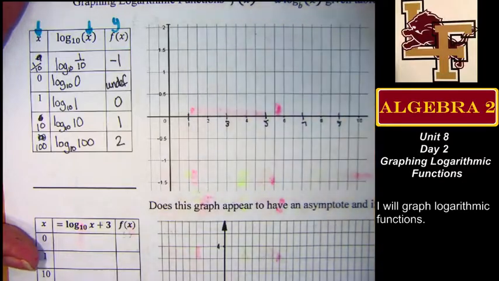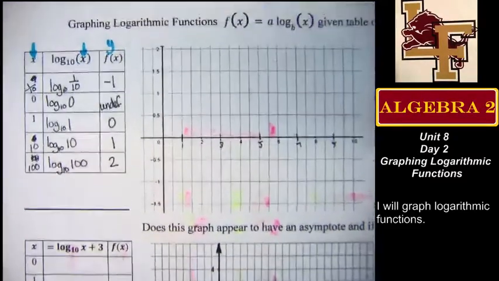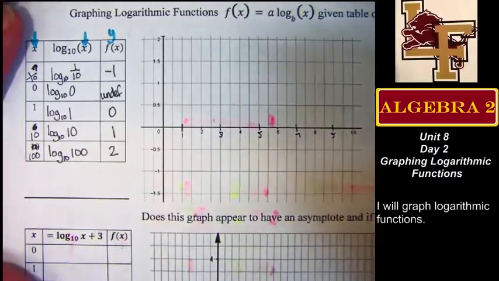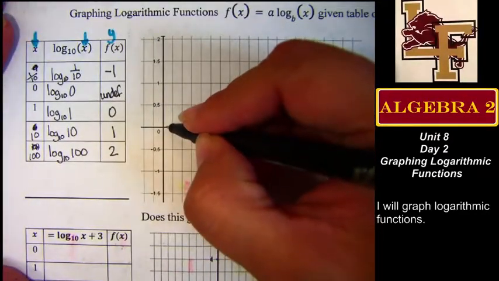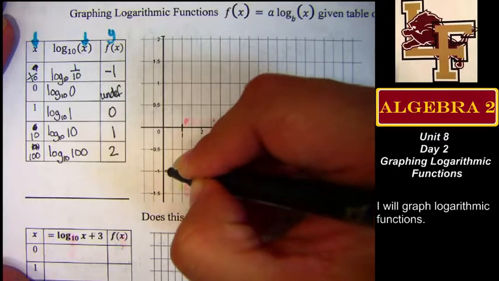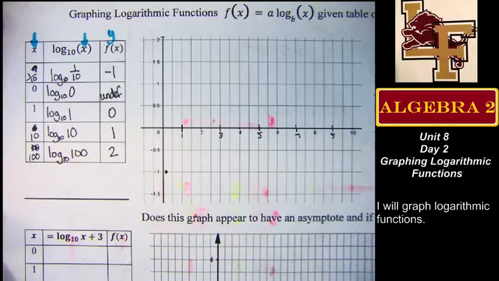Which means every tick mark is 0.5 and 1/10 is 0.1, and so it's right about there. And when x is 1/10, y is -1, so it's right about there. Really close to 0, but not quite.